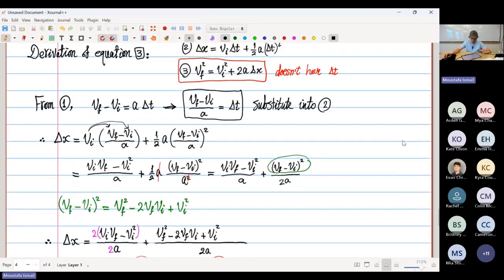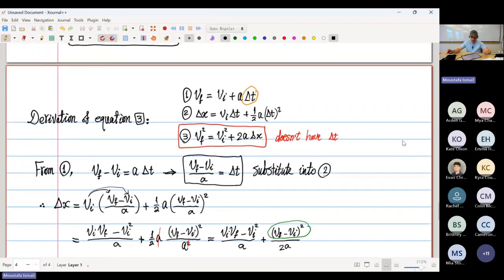As you saw, it doesn't come from anywhere other than the first two equations. So in a sense, the first two equations are the fundamental equations, and the third one is derived. But many times, it is useful to get an equation that doesn't have the time in it. You can, of course, only stick to the first two, but that will make your derivations longer sometimes.